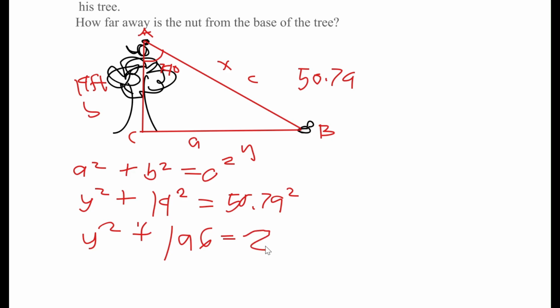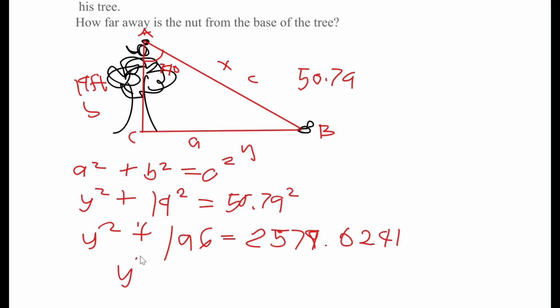So y squared plus 14 squared, which is 196, is equal to 50.79 squared, which is 2579.6. Then we move this to the other side. 196 will become negative 196.